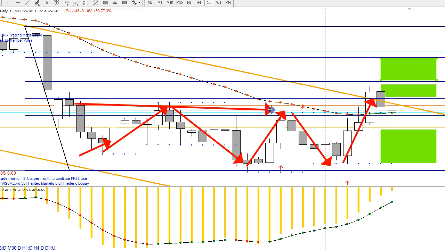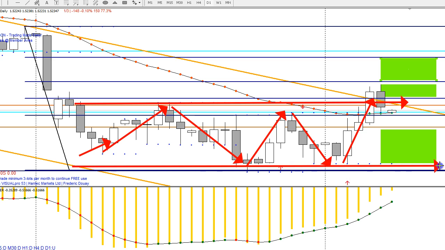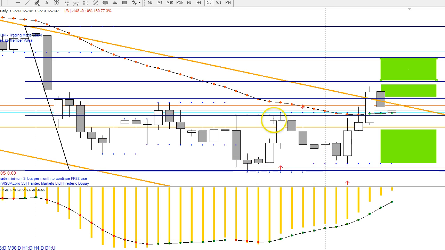So you pretty much have a range trading into that zone right here, and potentially that zone too.